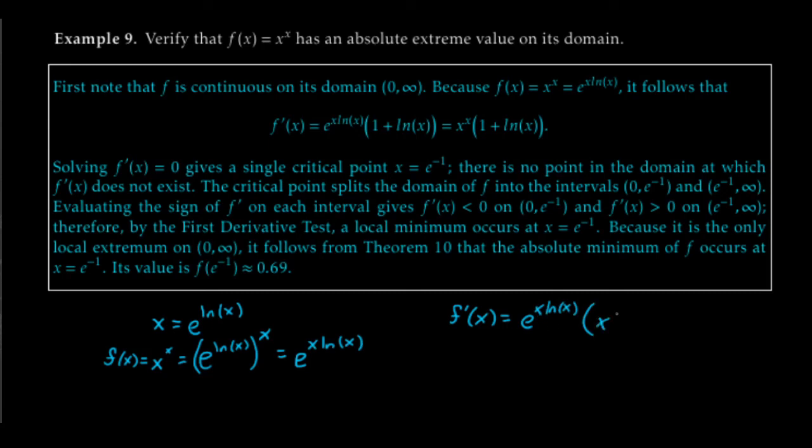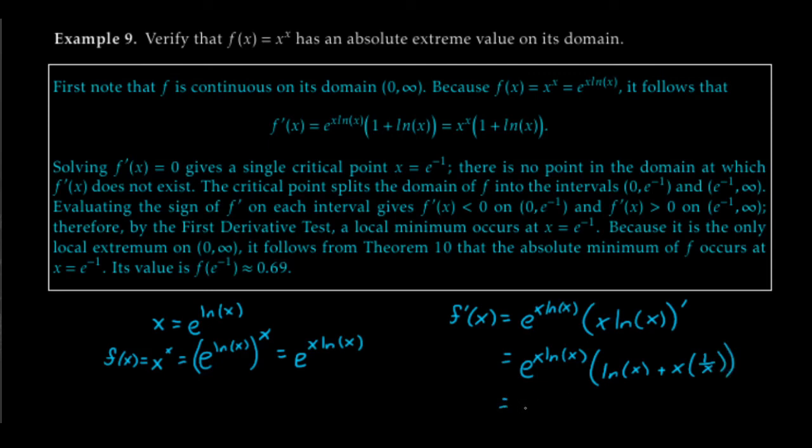This is a little bit of a product rule situation. I just keep that e to the x natural log of x hanging out, and now I take the derivative of x natural log of x, and it turns into the natural log of x plus x times the derivative of natural log, which is just 1 over x.